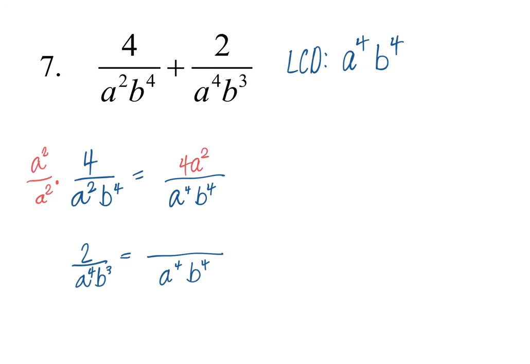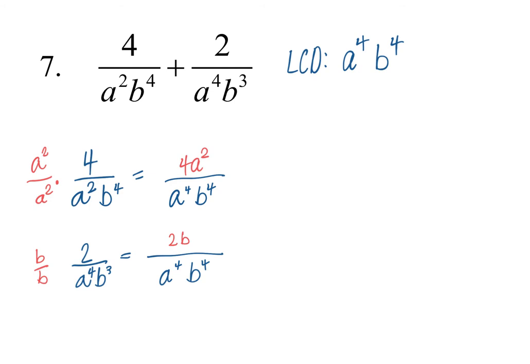Now, with the expression in the bottom, you have an a to the fourth and a b cubed. And what can we multiply a to the fourth b cubed by to make it equal a to the fourth b to the fourth? All you need to do is multiply it by b. So what you do to the bottom, you must do to the top, and we get 2b as our equivalent expression there.